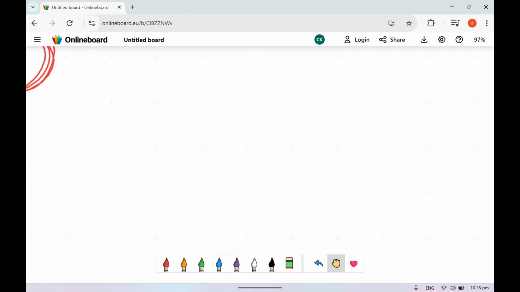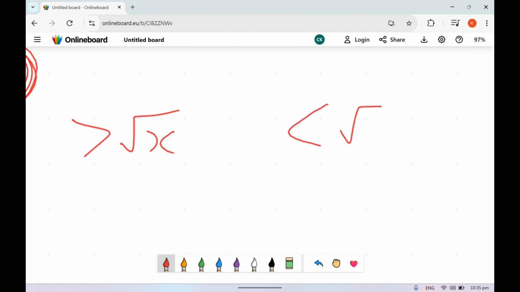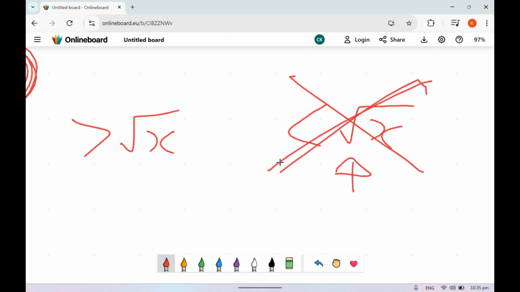So you can clearly see that we don't need to eliminate both options. We have two options here: greater than square root of x, smaller than square root of x. We just need to check that there are no factors in this category. Because once we finish checking that there are no factors in this category, we know that the only category left on the table is this category.